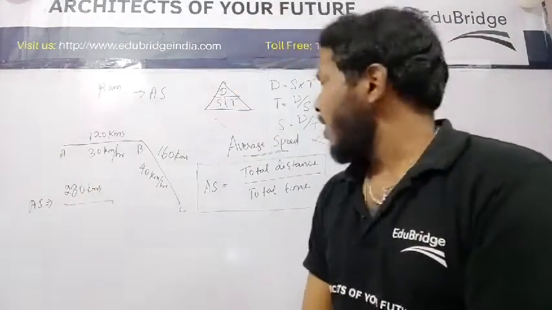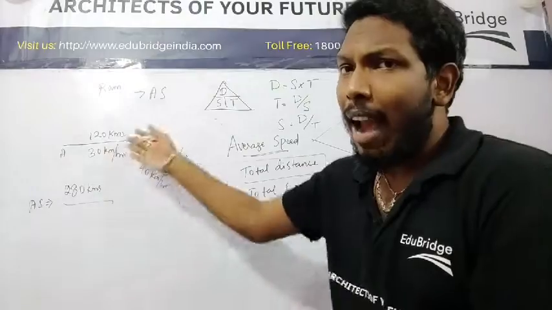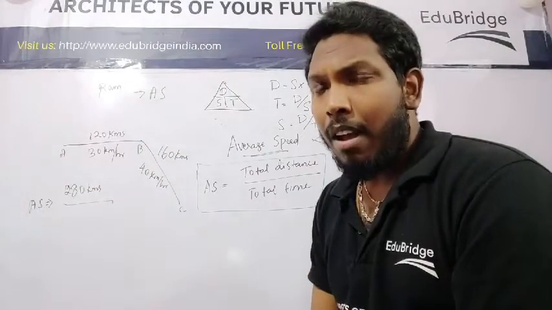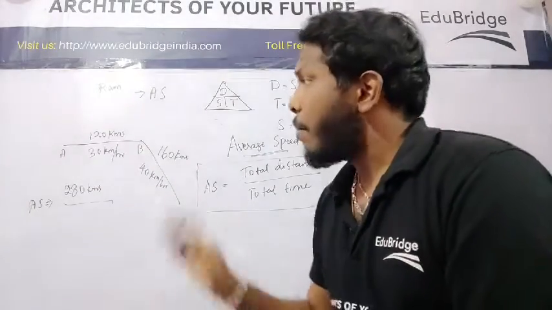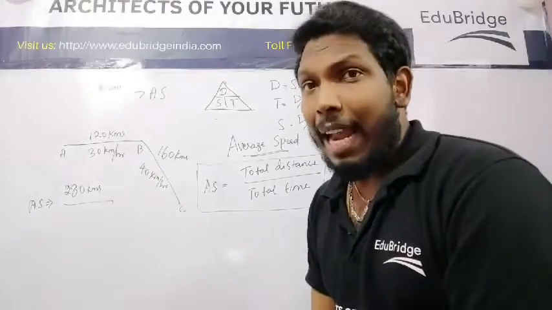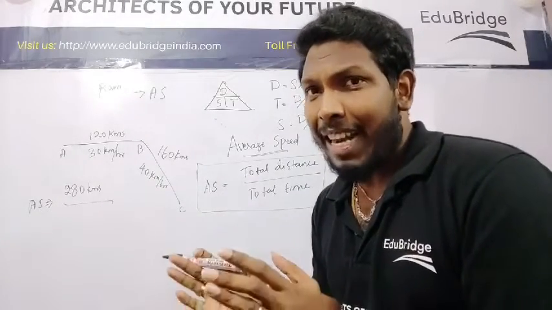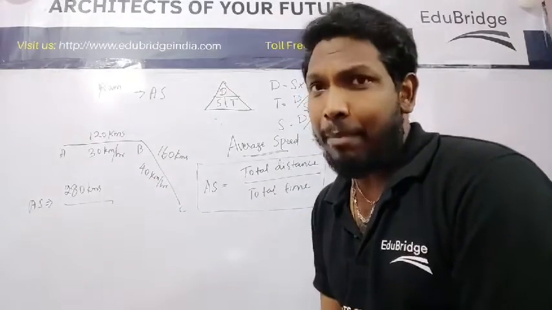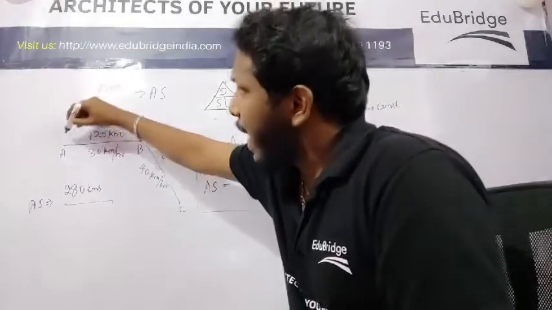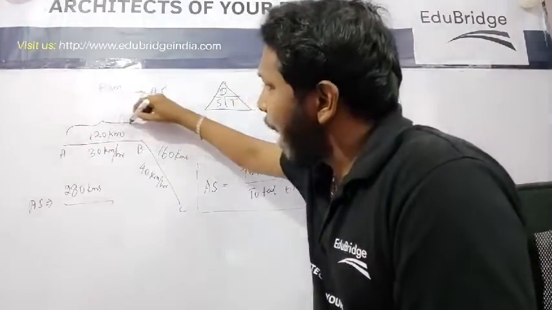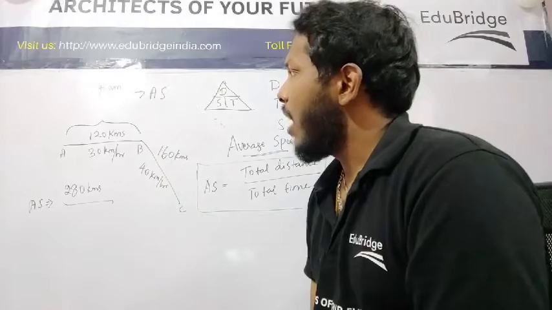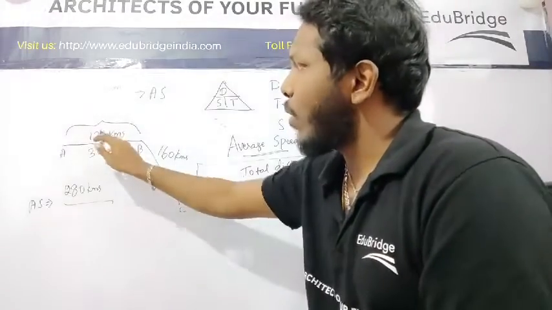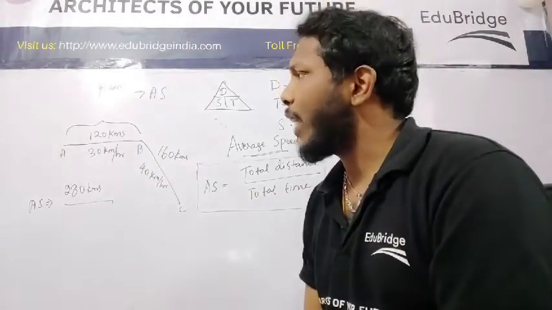By what is the total time? Do I have time over here? No. Yes, very good. But how can I find time? I have the data where I can easily find the time. A to B: time is 120 kilometers by 30 kilometers per hour.